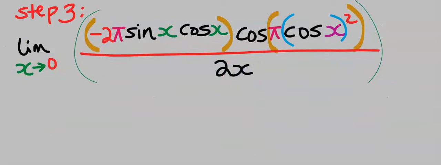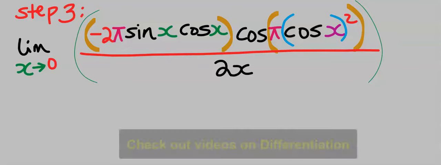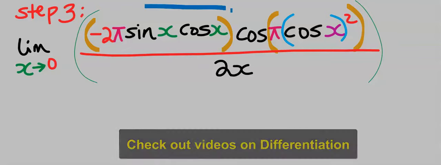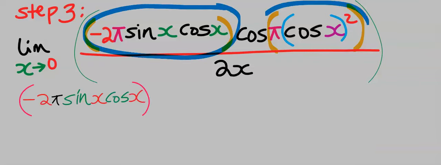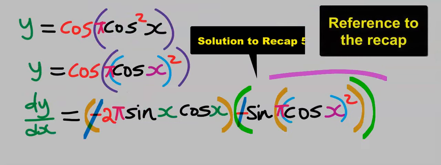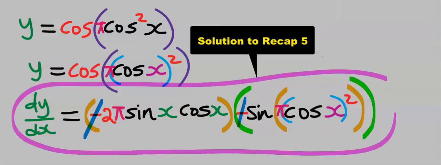In step 3, we are going to differentiate the numerator using product rule. Hence, I will keep this constant first. Next, I will differentiate this, which we had differentiated earlier.